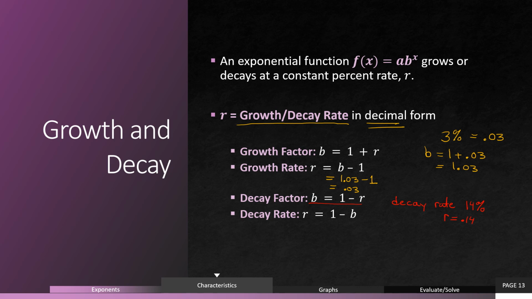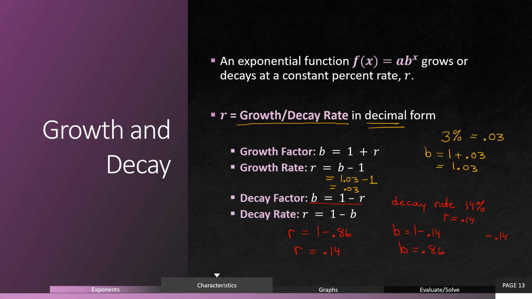That rate really is negative 0.14. So we have 1 minus 0.14 to find our b value. So b is going to be 0.86. If I wanted to go the other way, and I know b is 0.86, 1 minus 0.86 to find the rate, and that gets me back to that 0.14.